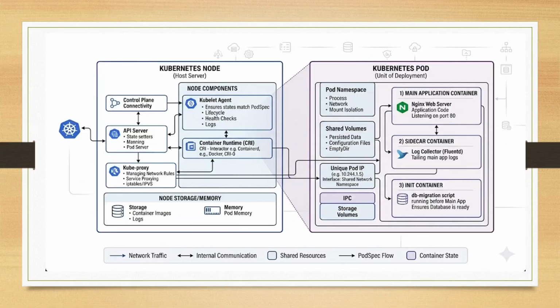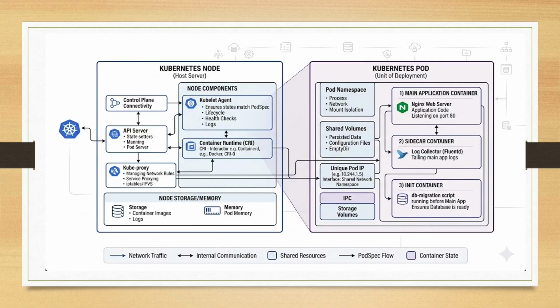Let me go into the diagram. Here, this is the host server. Then on this host server, we have a pod, and inside that pod we can have multiple containers. As I told you, the main container may be your Nginx web server that has application code and listens on port 80, and there may be some sidecar containers that might collect logs.